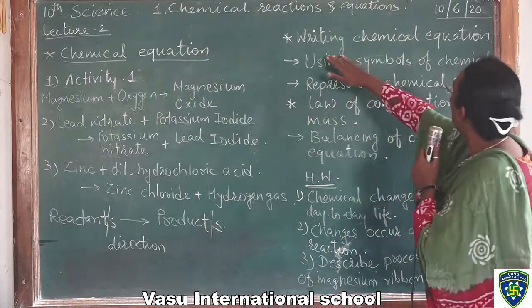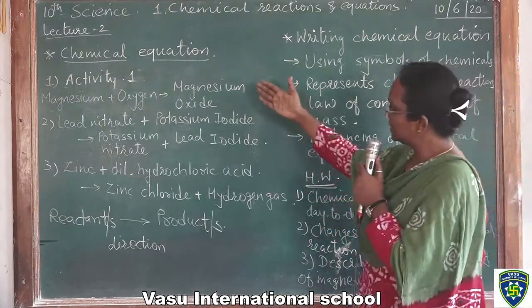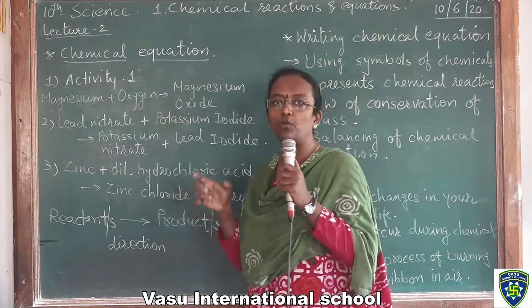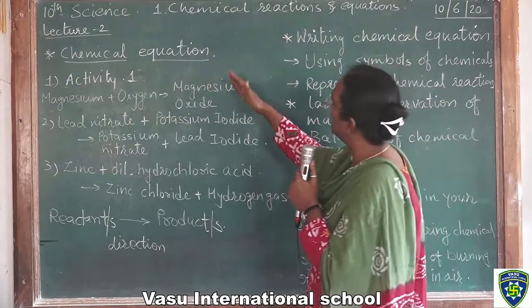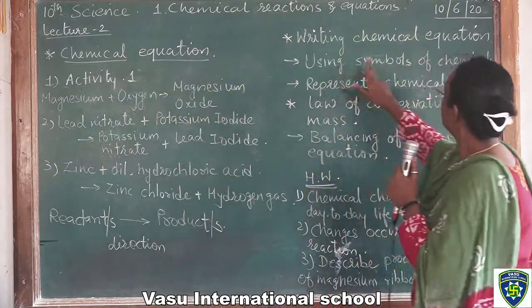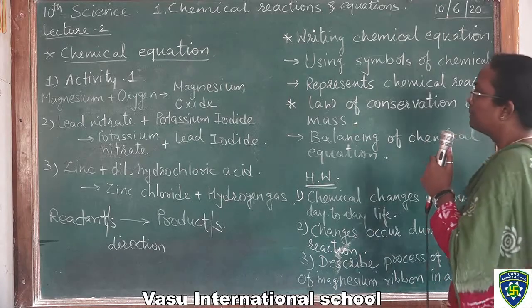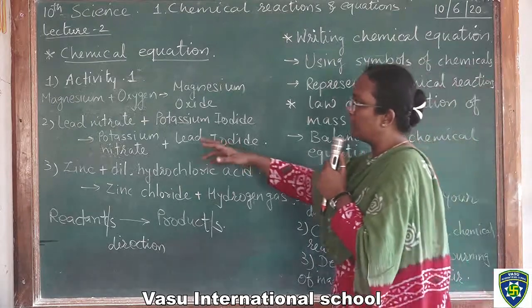Okay, the method of writing a chemical equation. This is called simple theoretical. It is the shortest form for you to remember the whole chemical reaction. Using symbols of chemicals, you can write the equation in this manner.